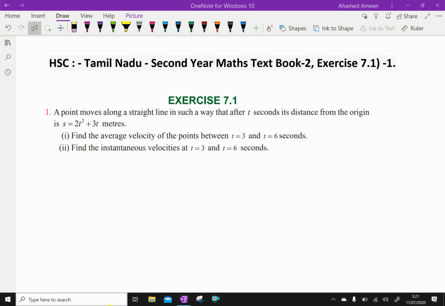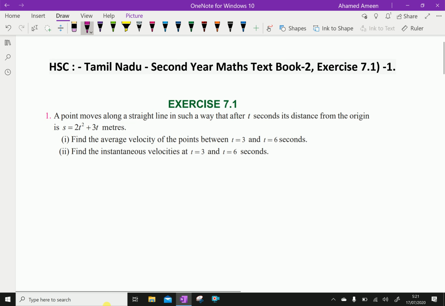Here, given the distance covered s equal to function of t, 2t square plus 3t.